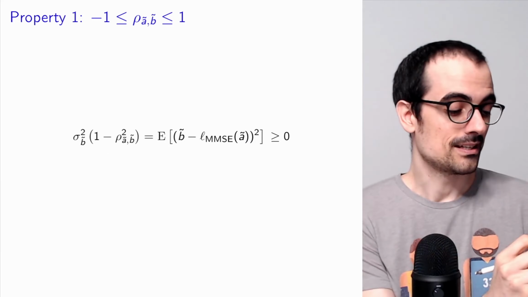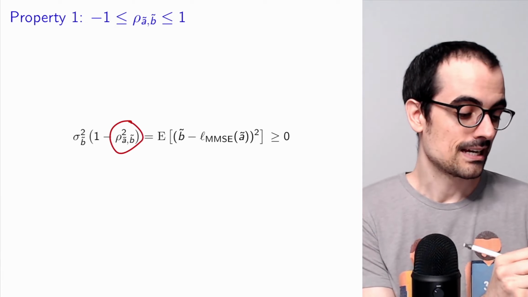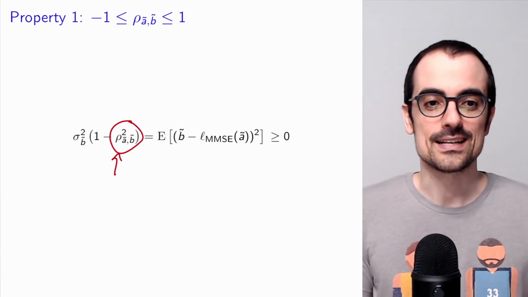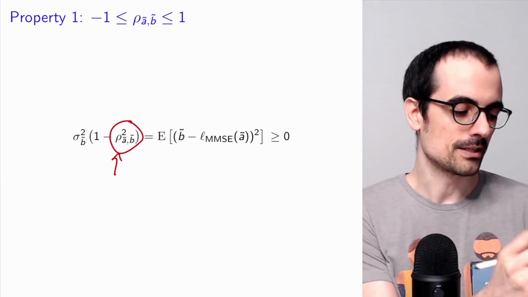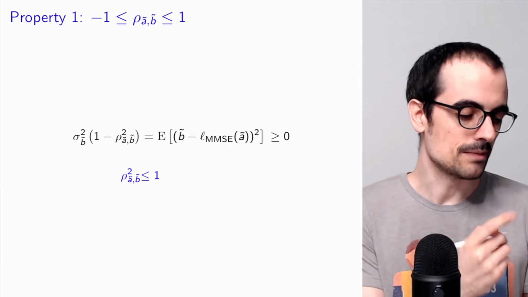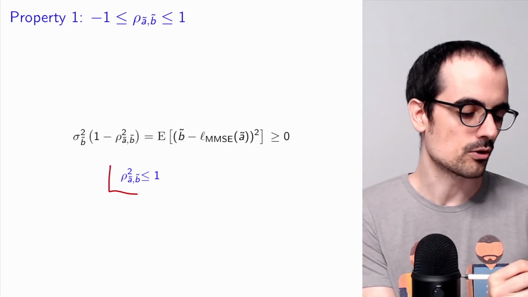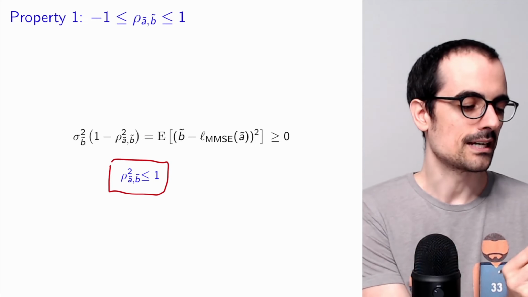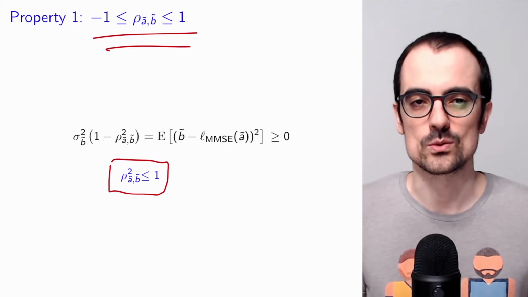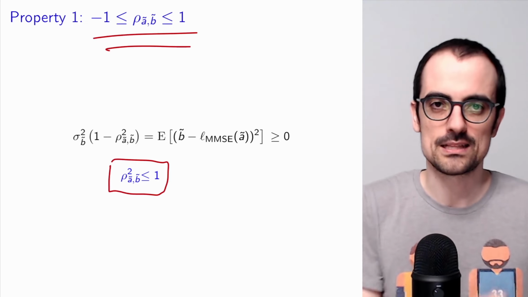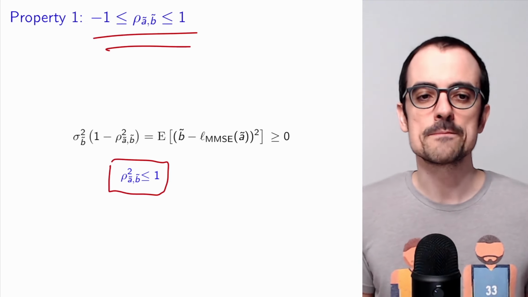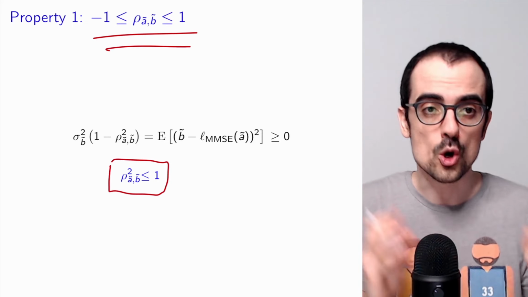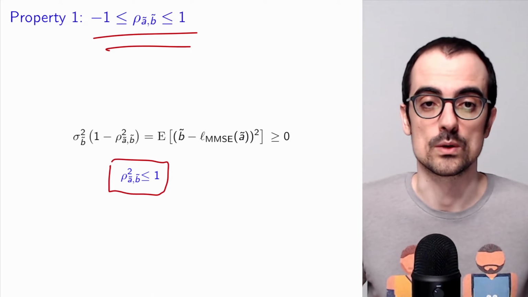But then this factor cannot be greater than 1, because then this would be negative, which immediately means that the square of the correlation coefficient is smaller or equal to 1, which immediately implies that the correlation coefficient is between -1 and 1. So that formula immediately gave us this important property, which is that the correlation coefficient of any two random variables is always between -1 and 1.